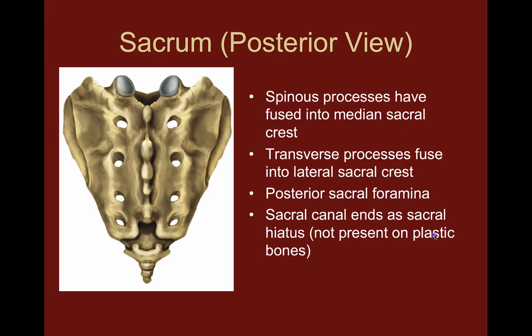What you'll notice though in labs is that this is not present on our plastic bones, so do check out some of the real bones if you can, just to get a better feel for that sacral hiatus. And then last over here we have this auricular surface. This auricular surface is what's going to form that sacroiliac joint with our pelvic girdle.